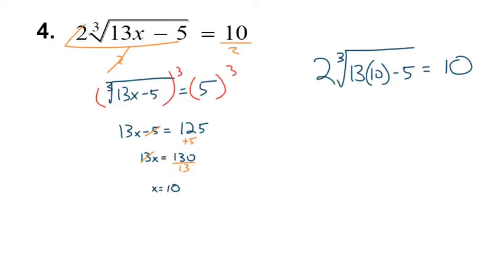So 13 times 10 is 130, minus 5 is 125. The cube root of 125 is 5. 5 times 2 is 10. So 10 equals 10. Therefore, this is correct. That is numbers 1 through 4. That's the nuts and bolts of what this section is about. Good job.